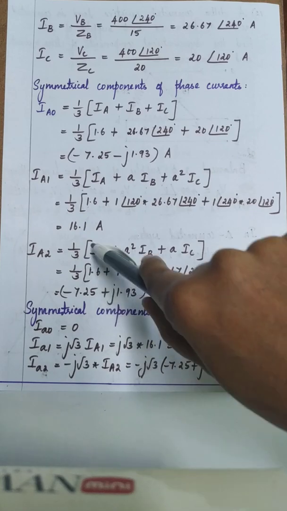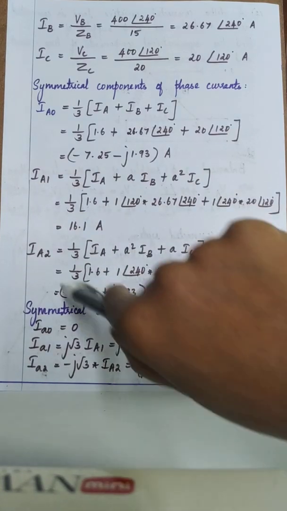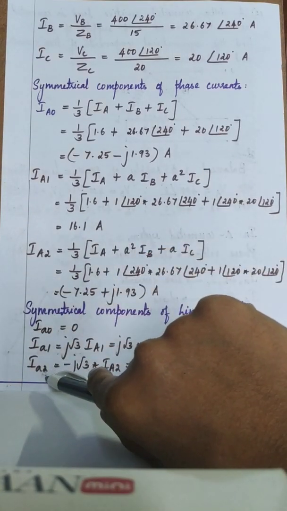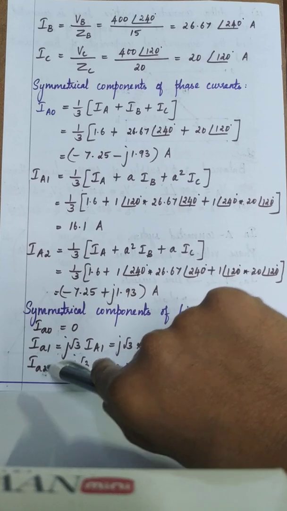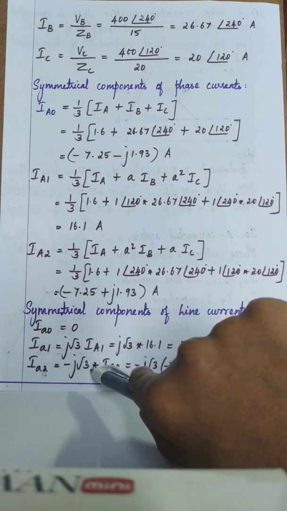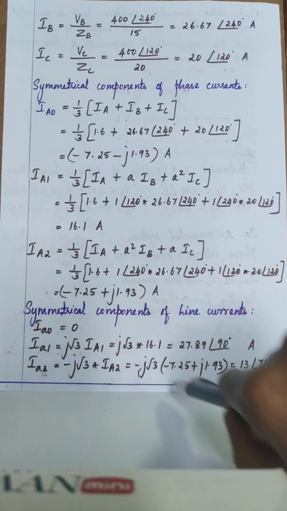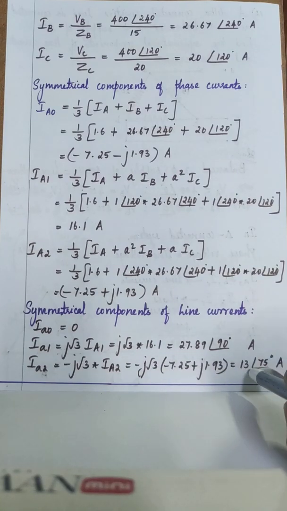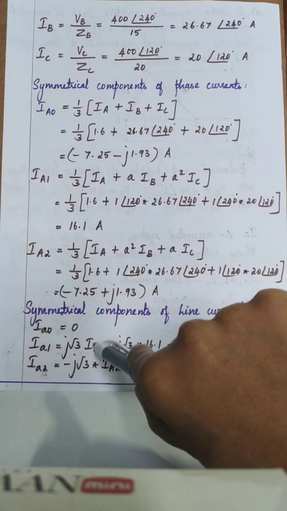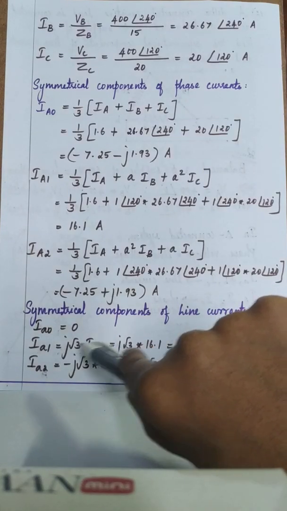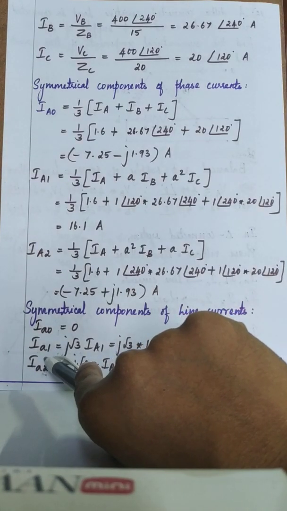So J root 3 into 16.1, get the answer. The negative sequence component of line current I small a2 is equal to minus J root 3 I capital A2. Substitute, get the answer as 13 angle 75 degree. Remember, capital suffixes are phase current, small suffixes are line current.